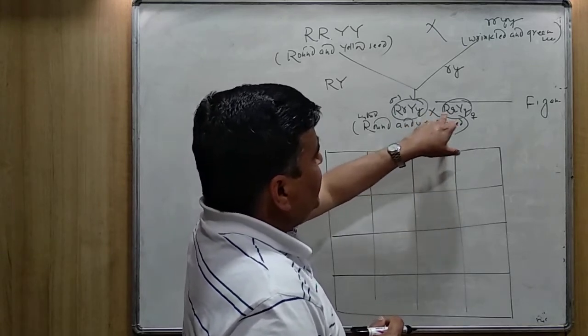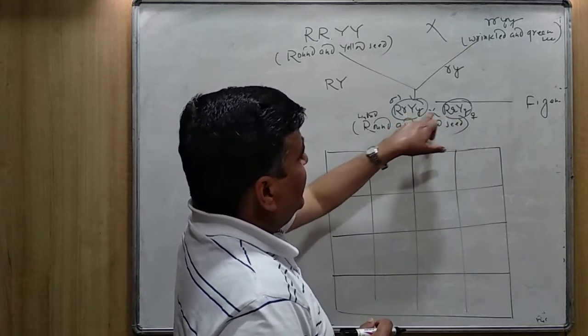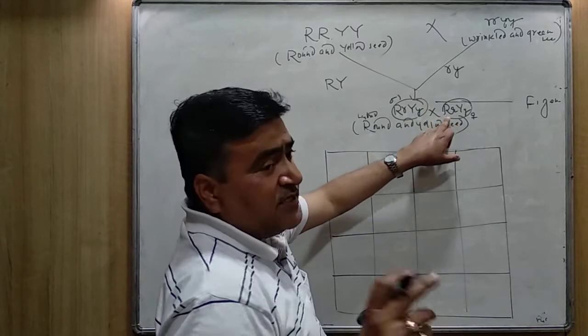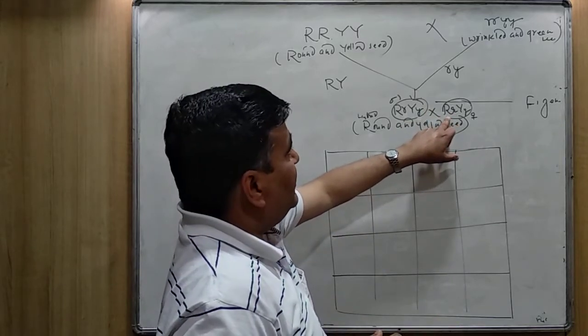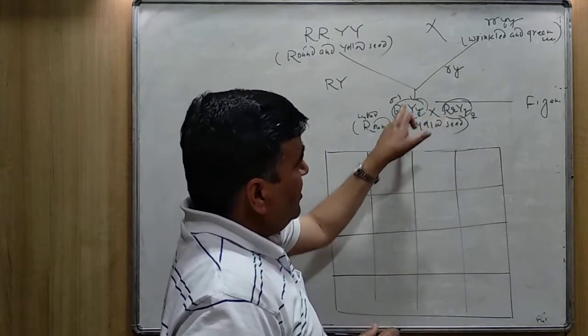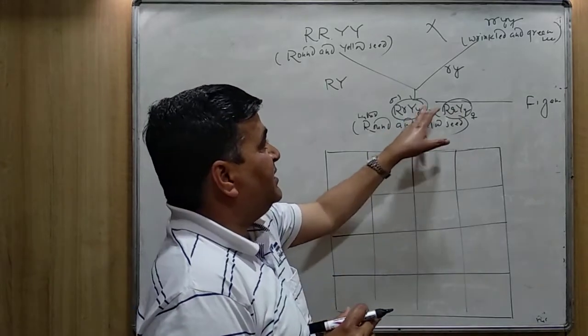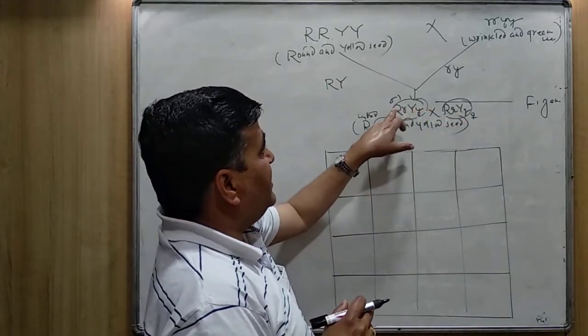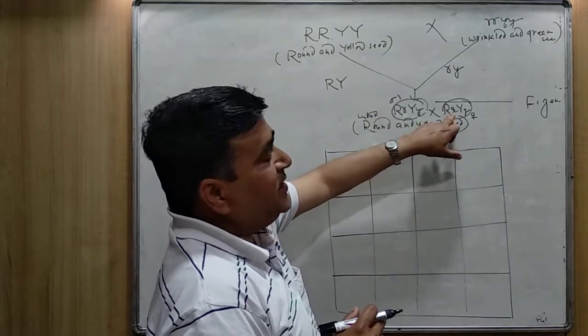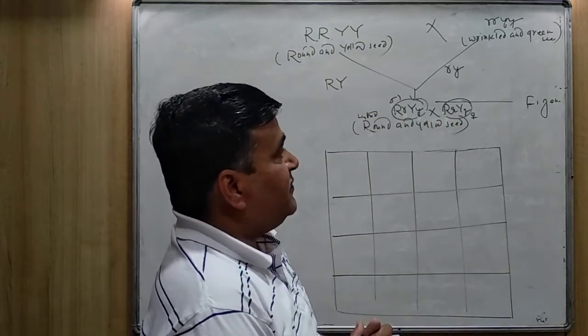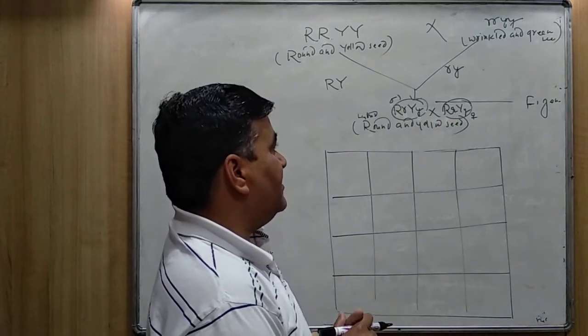Here, why have I written it 2 times? Because I am going to make the self crossing. Because of the self crossing, one I will consider here as a male and the other will be considered as the female.